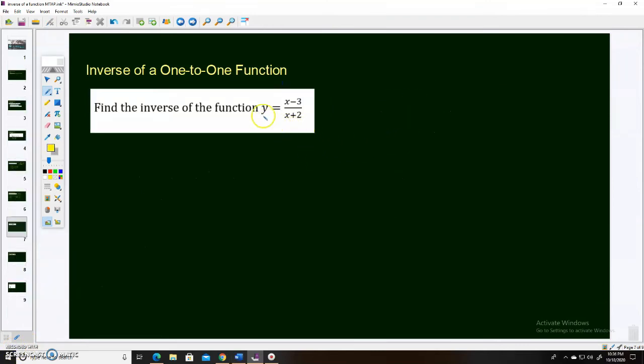Okay, let's have the next one. y is x minus 3 over x plus 2. Step 1, interchange x and y. So you have x equals y minus 3 over y plus 2. Next step would be to solve for y.